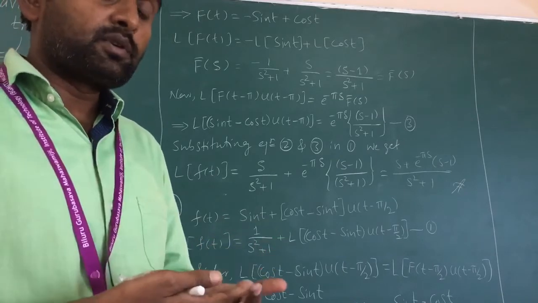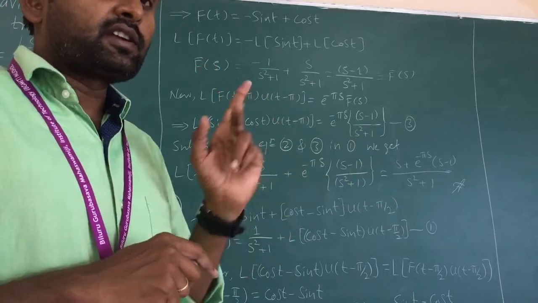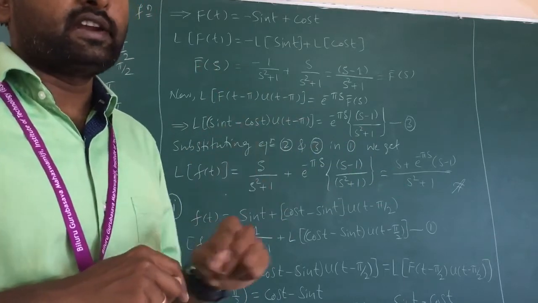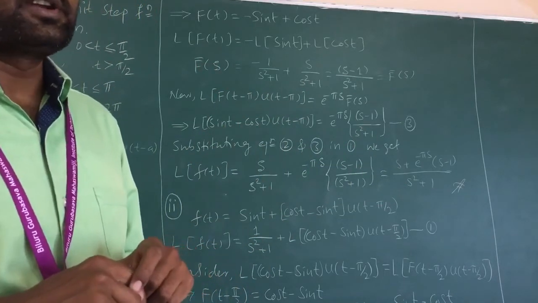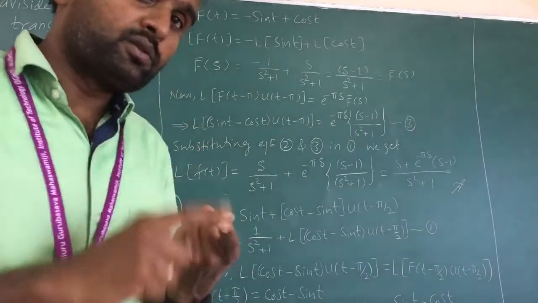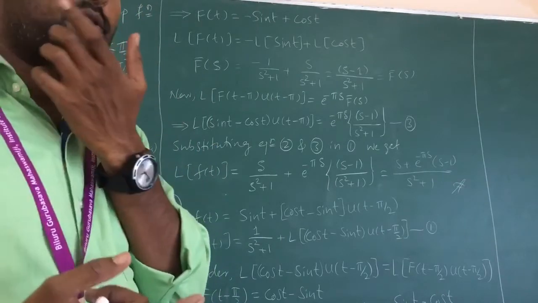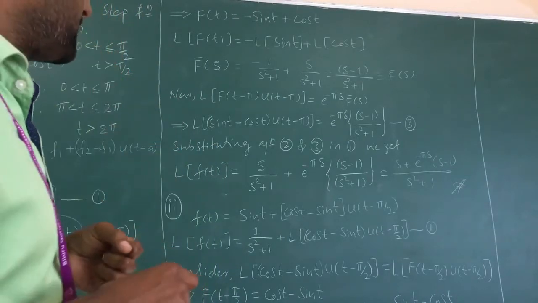But the second example is reversed: sin t and cos t. So the interval is 0 to pi by 2, then t greater than pi by 2, and t equal to pi by 2.